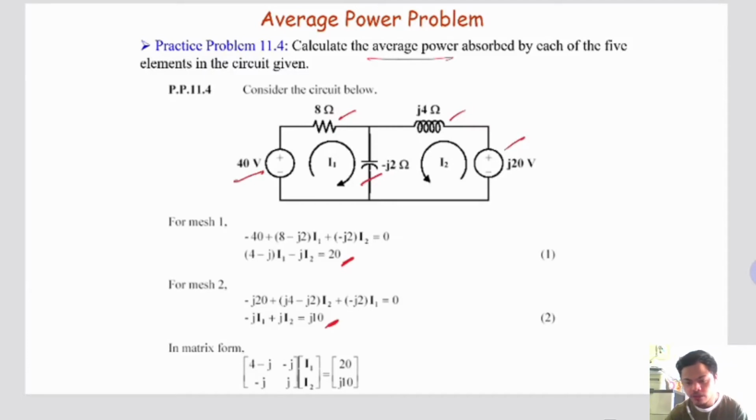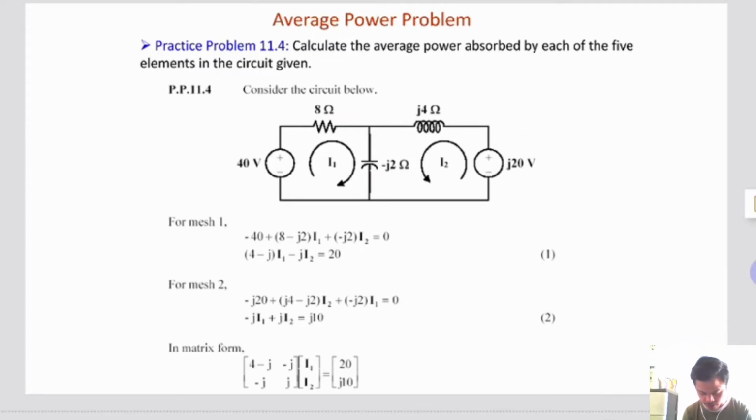So I have here also a problem. Calculate the average power supplied by each of the five elements in the circuit given. So consider the circuit below. We have here the elements: 40 volts, negative j20 volts, j4 ohms, 8 ohms, and negative j2 ohms.